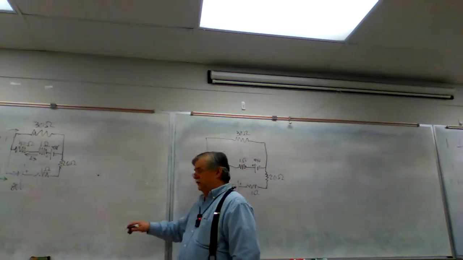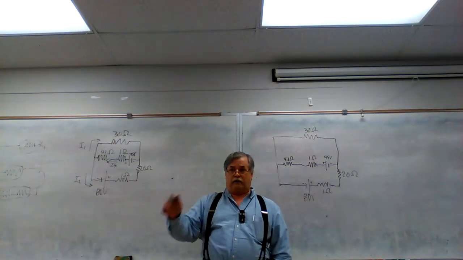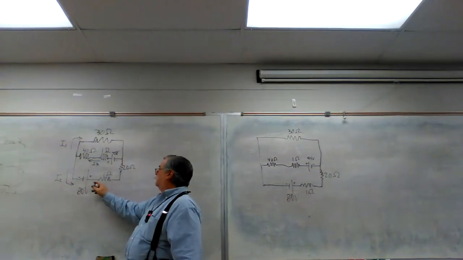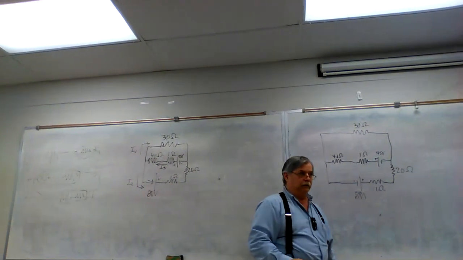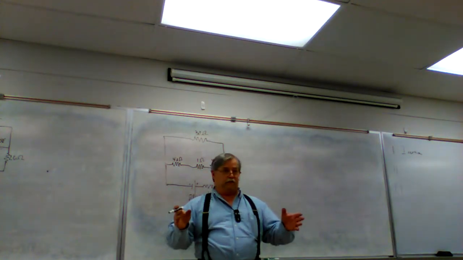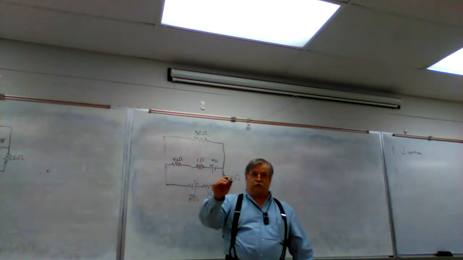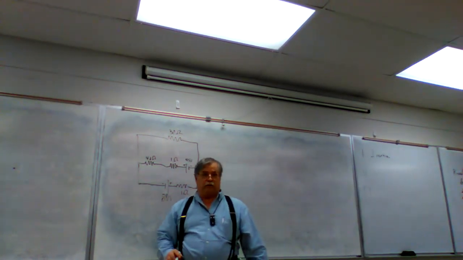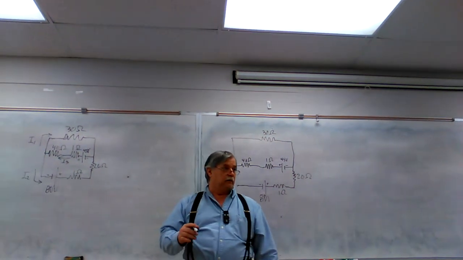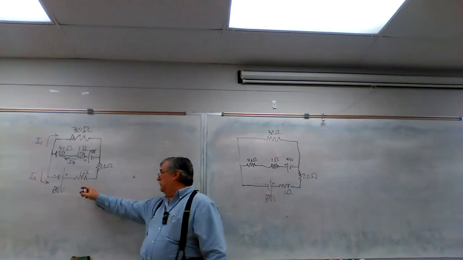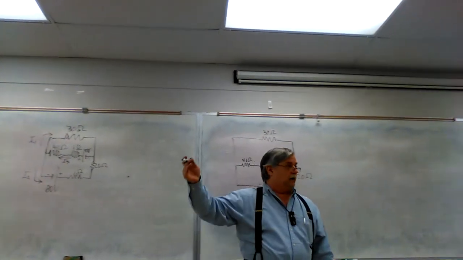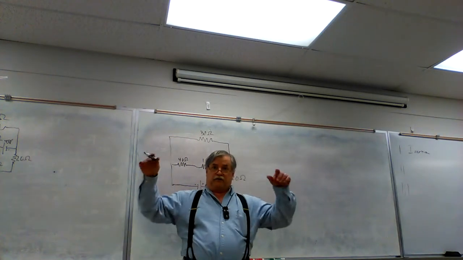If you've got a battery with an internal resistance and you start drawing a current, you attach a resistor to it. As long as no current is flowing, no voltage is dropped across that internal resistor. And all of the voltage appears across the infinite resistance between the two open terminals. But the minute you apply a resistor across those open terminals, current starts to flow through that resistor. As the current starts to flow, the voltage drop across this internal resistor starts to increase, which means the voltage at the terminal starts to decrease.